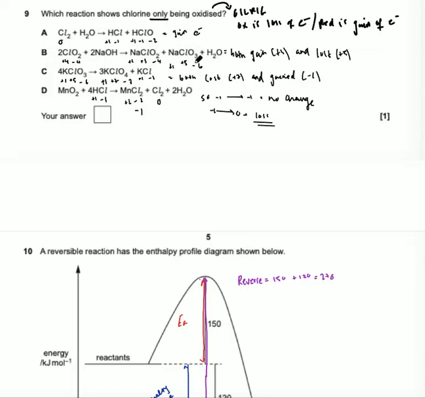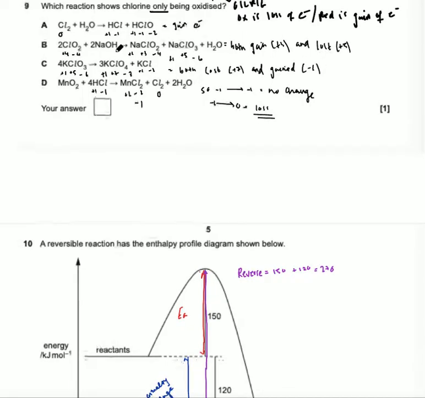And over here, chlorine will be +5 because of 1 sodium and a total of -6 for oxygens. And so we can see that it has gained electrons because it went from +4 to +3, and has also lost electrons because it has gone from +4 to +5. Therefore it's undergone both oxidation and reduction. So that's not the answer.